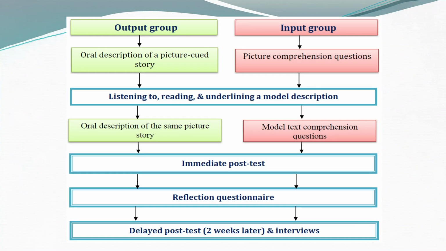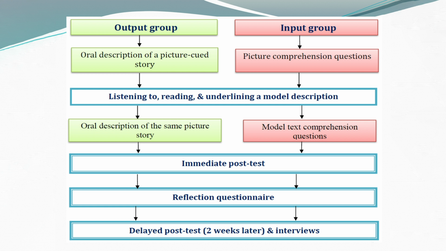This figure provides an overview of the study methodology. There are similar tasks that both groups carried out and others that were group specific. In the output group, the participants described a picture story.